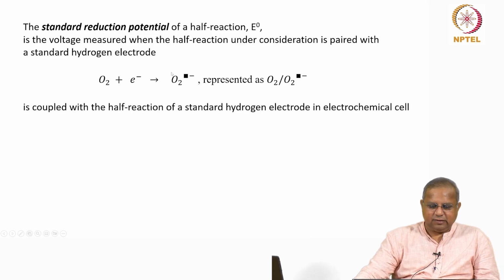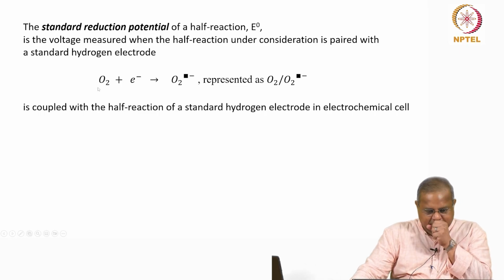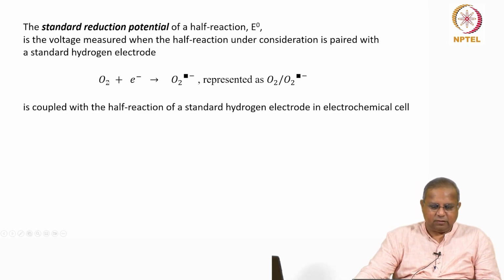You are adding an electron to oxygen, and it results in superoxide. Oxygen is getting reduced. So, reduced slash oxidized is what you write. This is the standard way of writing half reactions, remember this.